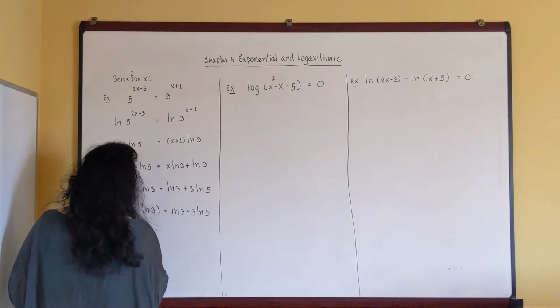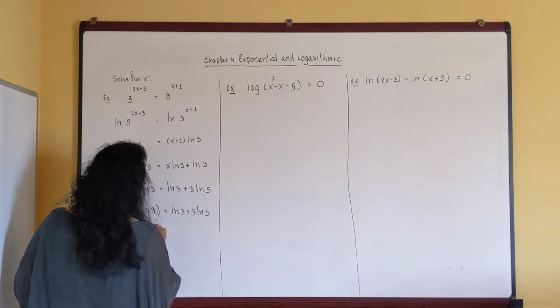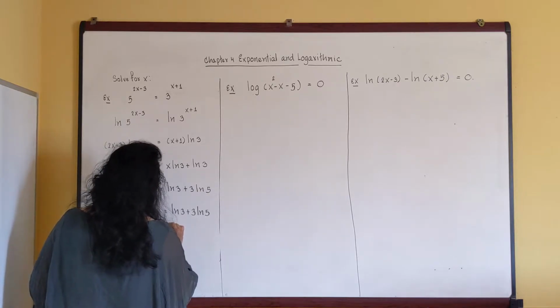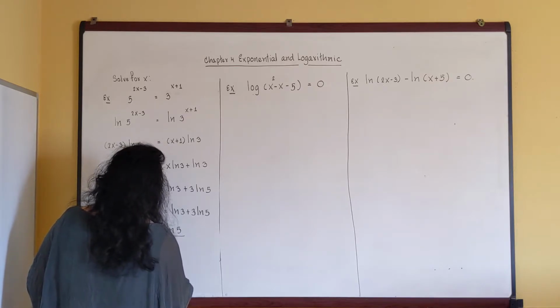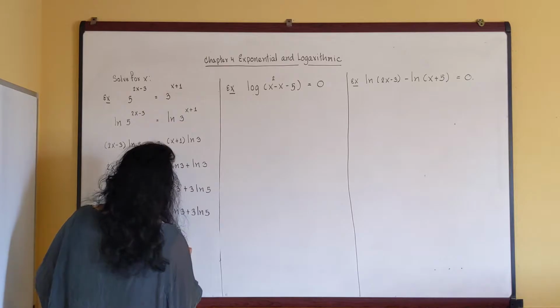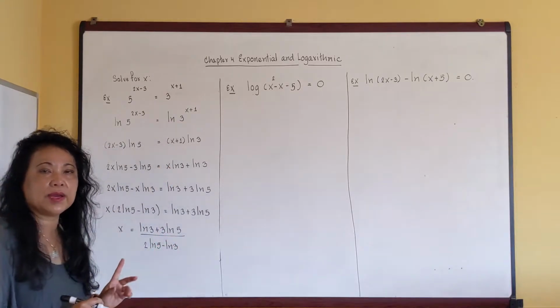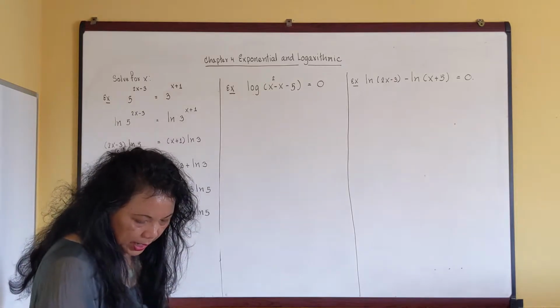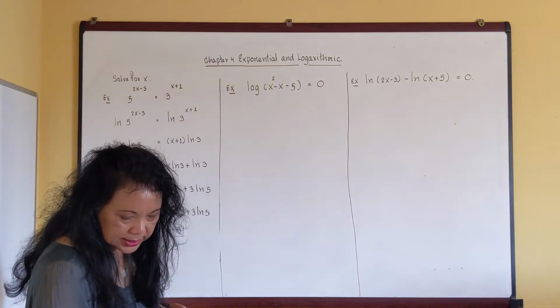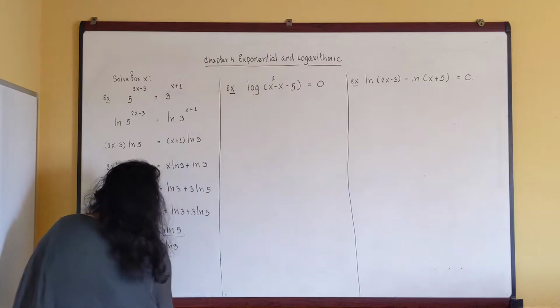So I would have x equal to (ln 3 plus 3 ln 5) over (2 ln 5 minus ln 3). At this point, you have to use a calculator. If you plug it in the calculator, your answer should be 2.795.